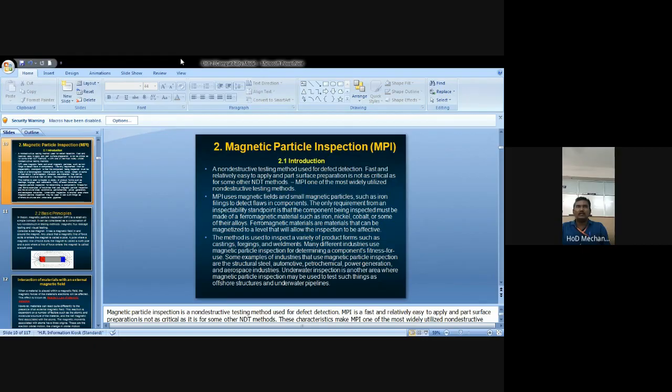Because under the surface of the water, some other methods, such as eddy current or liquid penetrant testing and some other NDT methods, are not able to be used. In magnetic particle inspection, we can use it in any type of environment. So the MPI method is used for underwater pipelines and offshore structures.